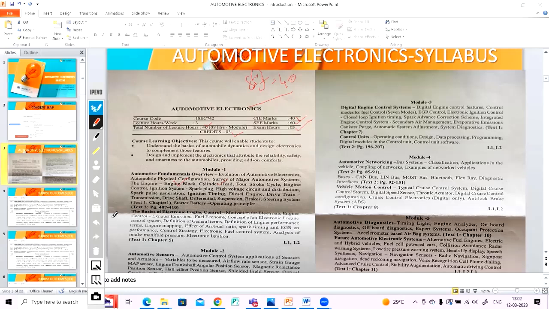After completion of this, we come to know the fundamentals overview, and we'll go with basic electronic engine control. Here we'll go with some emissions and engine control and fuel economy, the concept of electronic engines, and definition of general terms, and engine mapping, some effects of air-fuel ratio and spark timing, and electronic fuel control systems, EGR, or manifold pressures, and electronic ignition here.